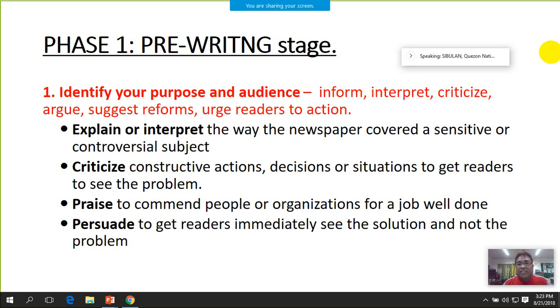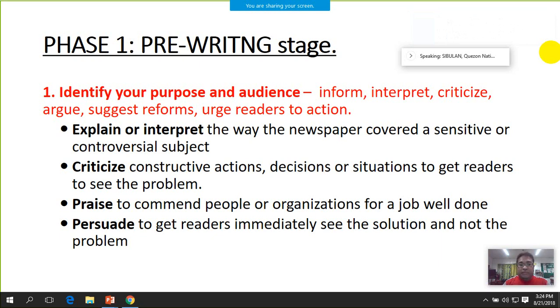So we write argumentative editorial if both sides of the issue are strong. Say 50% of the citizens support that particular issue, while the other 50% go to the other side or do not support that issue. So it's a good start for us to write an argumentative editorial.